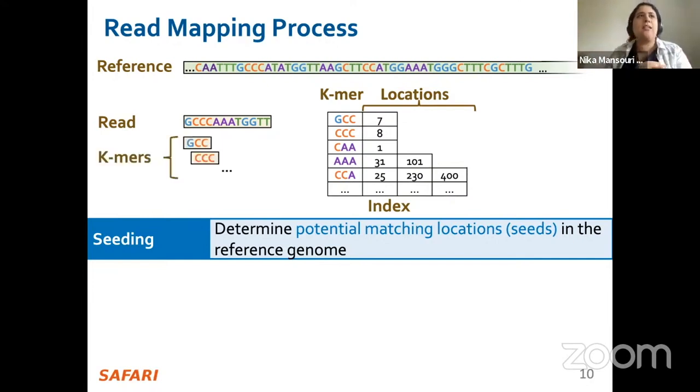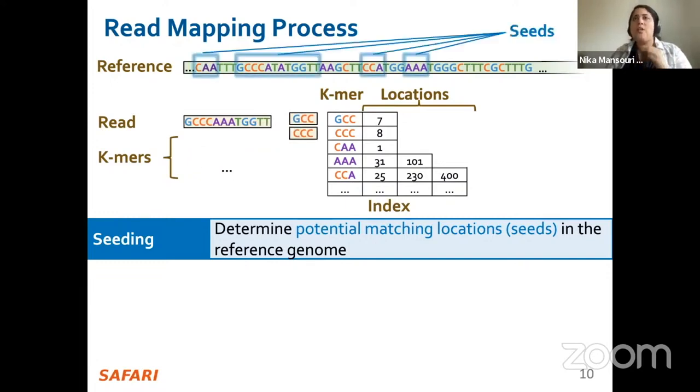How do we do that? We extract K-mers, these K-length subsequences that we talked about. K can be different numbers, like 15-mers or 19-mers. For the sake of this example, I'm showing 3-mers. We extract these K-mers and look up each of them inside the index. For the K-mers that hit in the index, we mark their locations in the reference genome as potential matching locations, or seeds.